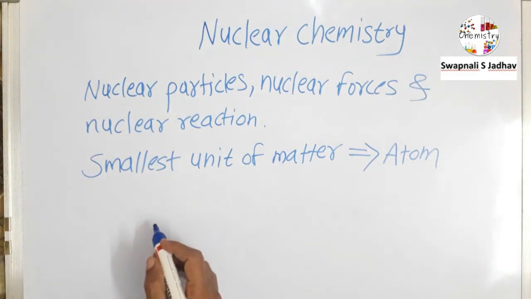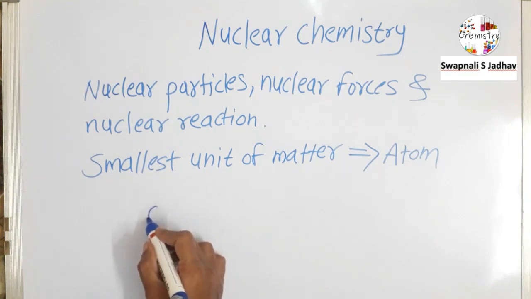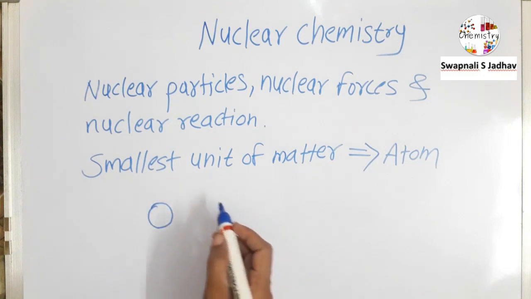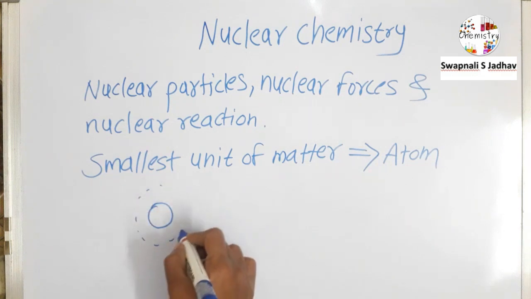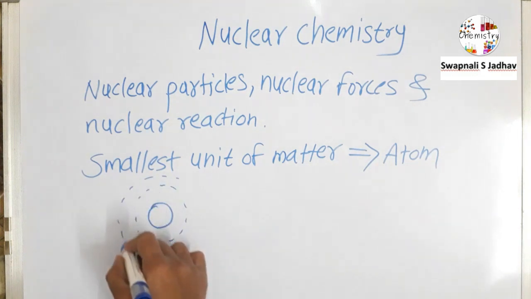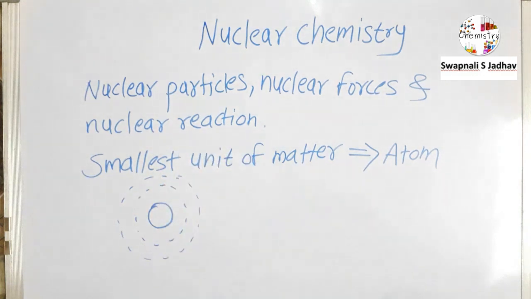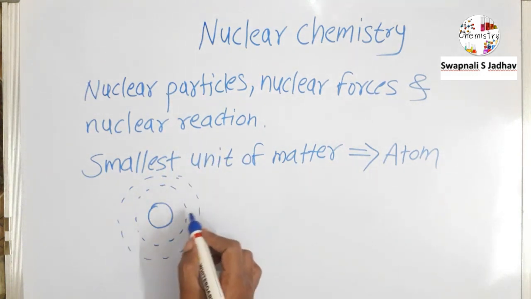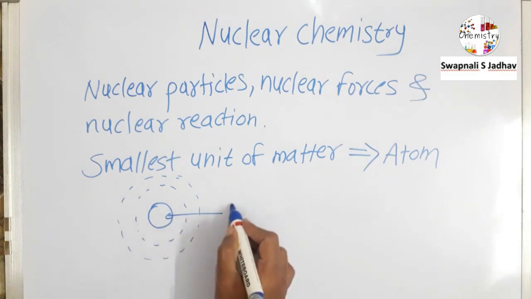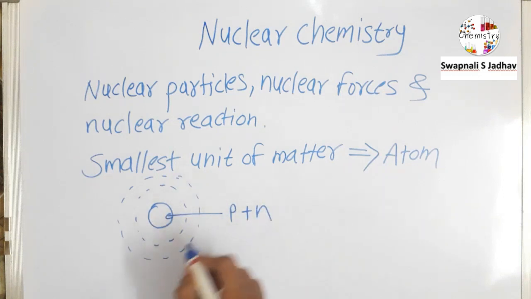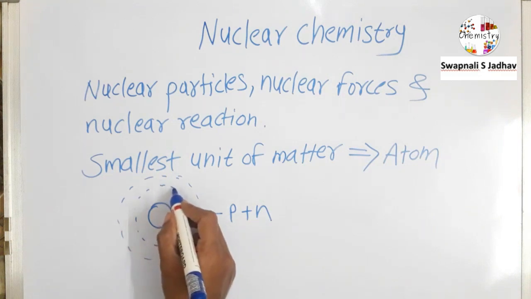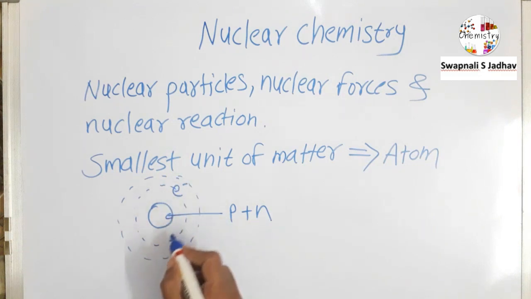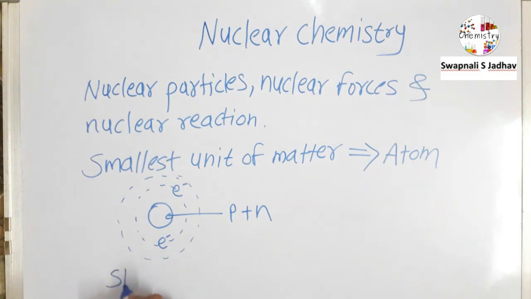At center there is presence of nucleus, and around the nucleus extra nuclear region is present. In nucleus protons and neutrons are present, and in extra nuclear region electrons revolve in different shells. Okay, so this is the structure of atom.